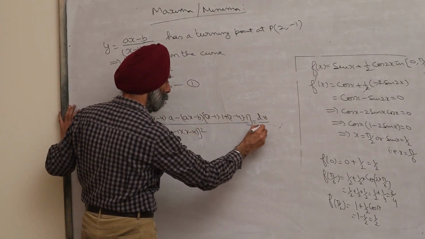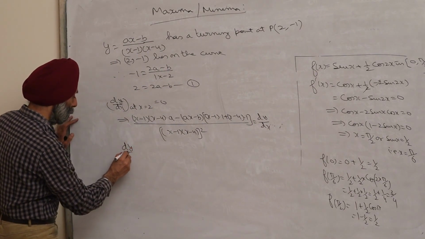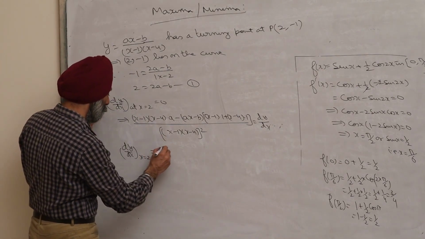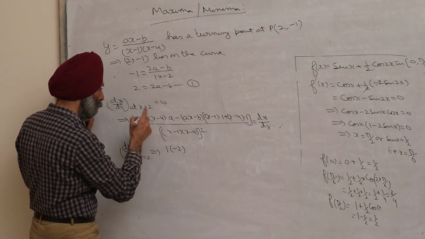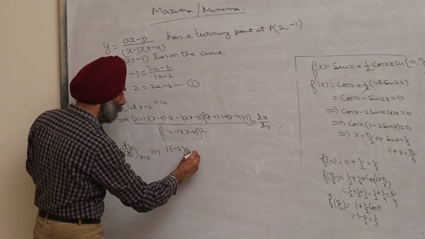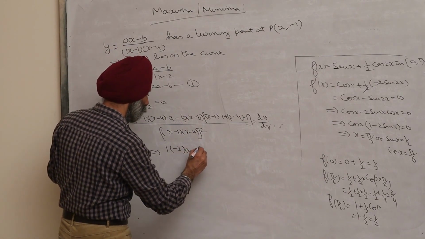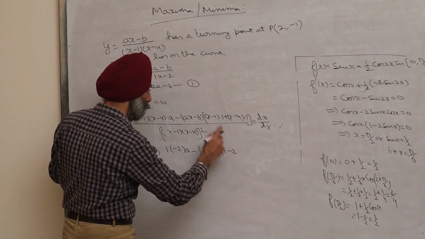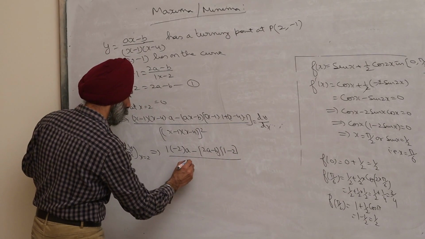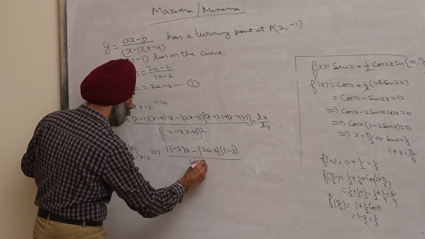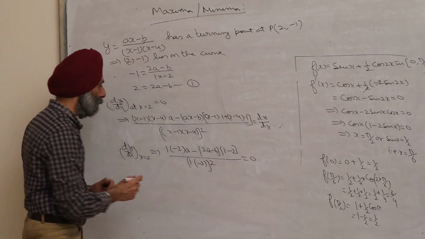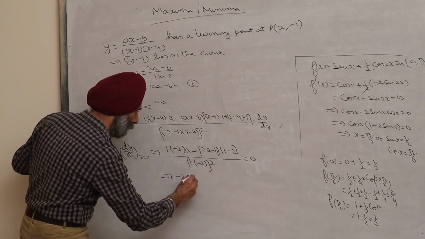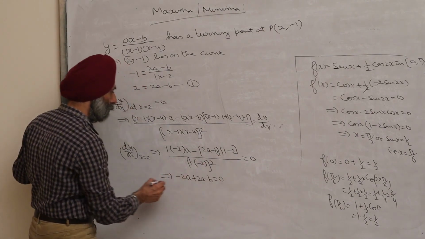So dy over dx at x equal to 2 implies that this is 1 into minus 2 into a minus (2a minus b) into (1 minus 2), upon (1 into minus 2) whole square, is equal to 0.